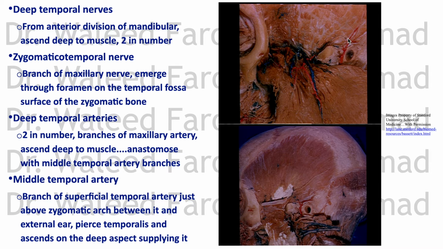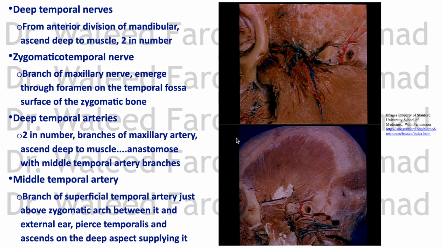What else did we talk about as a content? We mentioned the zygomatico-temporal nerve. See, this is the zygomatico-temporal nerve. See, branches here. It's apparent here. Okay, coming out from the zygomatico-temporal foramen, but it's cut, of course. Zygomatico-temporal nerve.